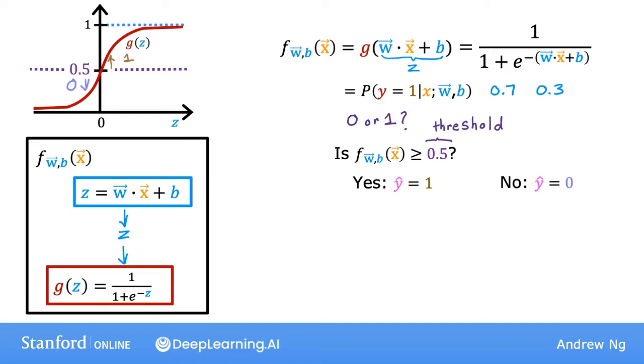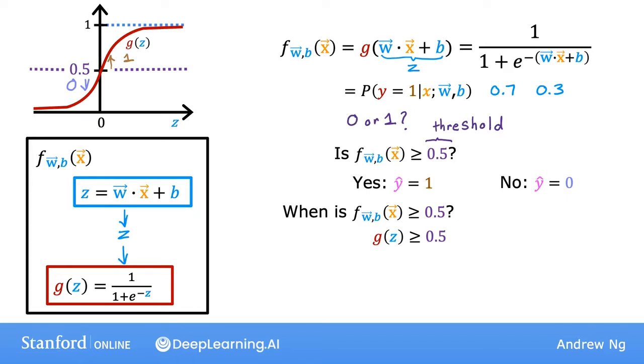So now let's dive deeper into when the model would predict 1. In other words, when is f of x greater than or equal to 0.5? We'll recall that f of x is just equal to g of z, and so f is greater than or equal to 0.5 whenever g of z is greater than or equal to 0.5.